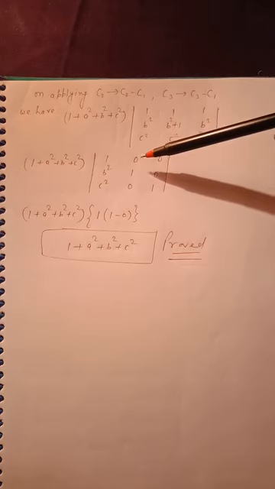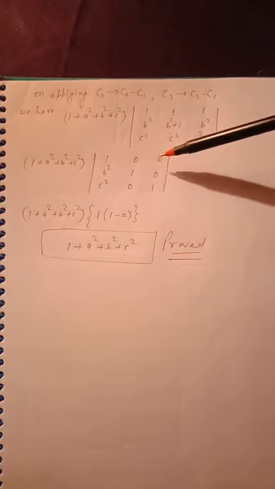So 1 minus 1 will become 0, b square plus 1 minus b square is 1, c square minus c square is 0. In place of C3 write down C3 minus C1. So 1 minus 1 is 0, b square minus b square is 0, c square plus 1 minus c square will become 1. You can also apply another operation, no problem, but our main target is to find two zeros.